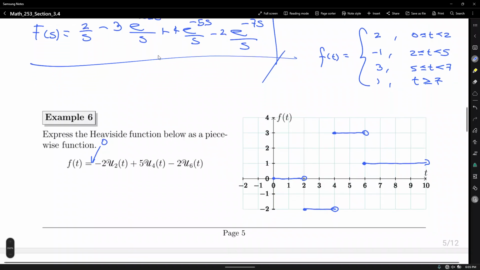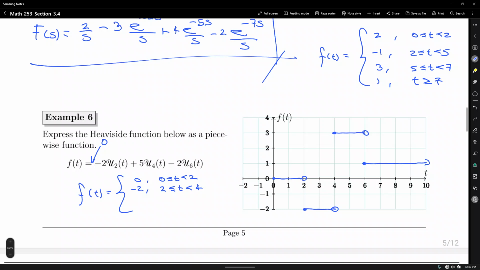All right. That means let's actually write the piecewise function f of t. That is 0 between 0 and 2. And then what's next? -2 between 2 and 4.